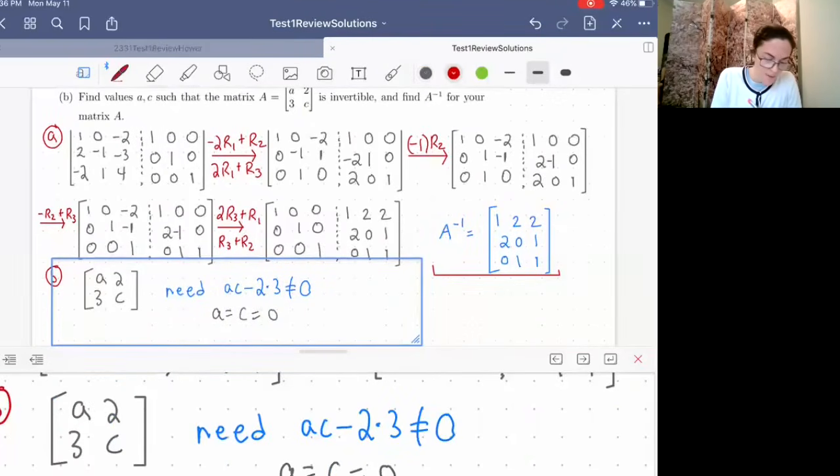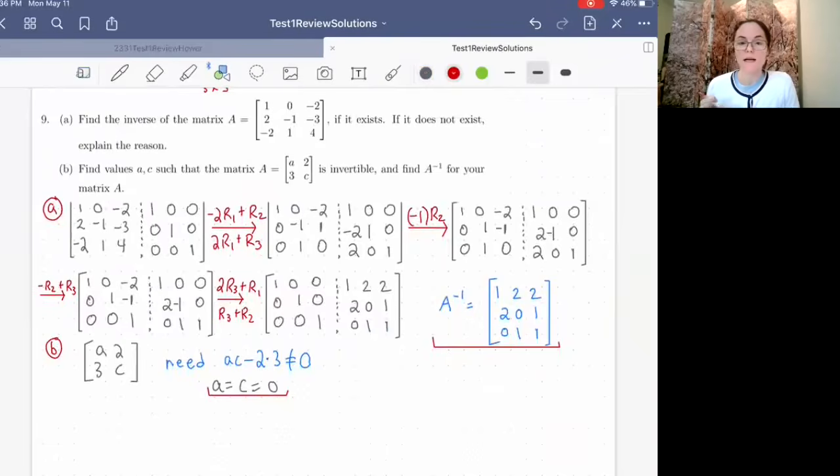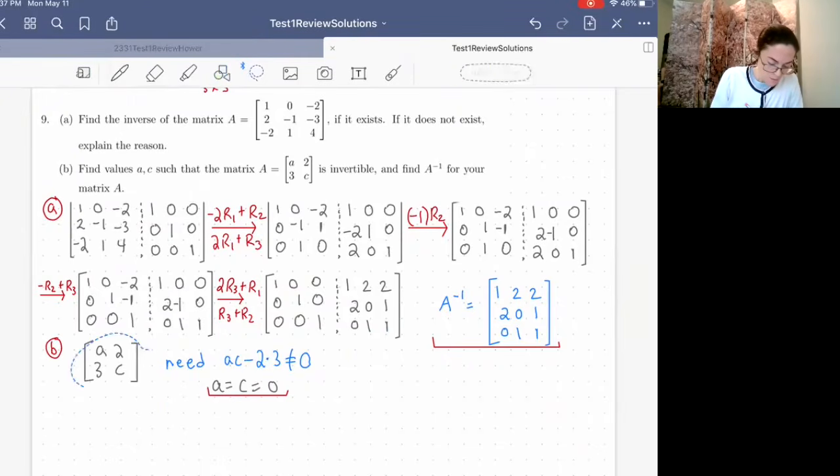Okay, so here's part of the problem right here. But like I said, any two numbers, as long as their product is not 6, will work, and the matrix will be invertible.